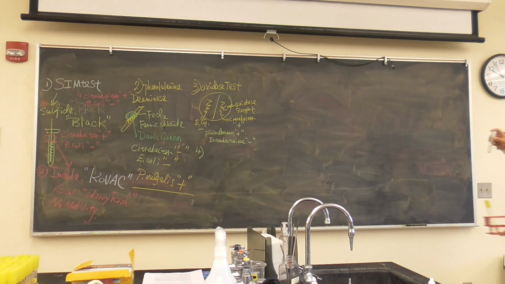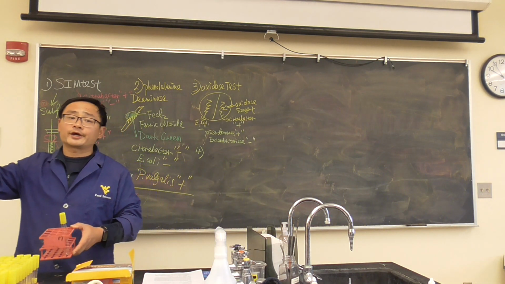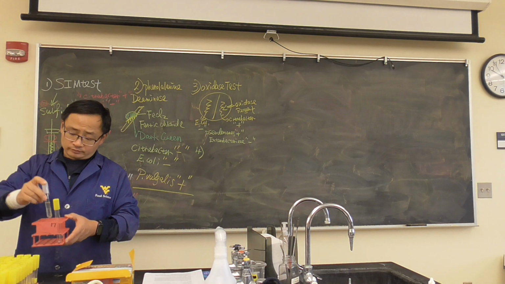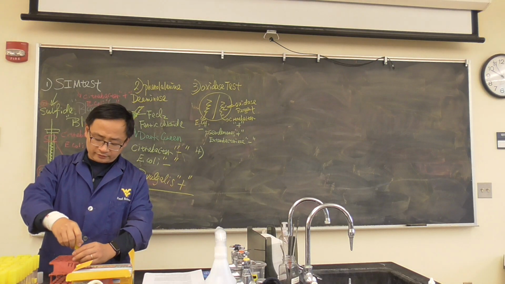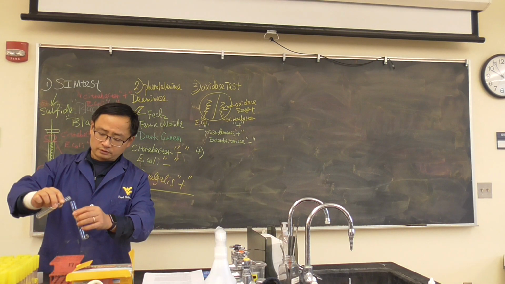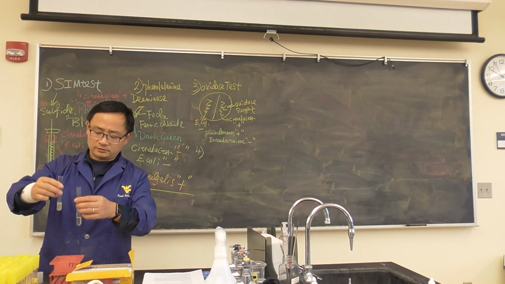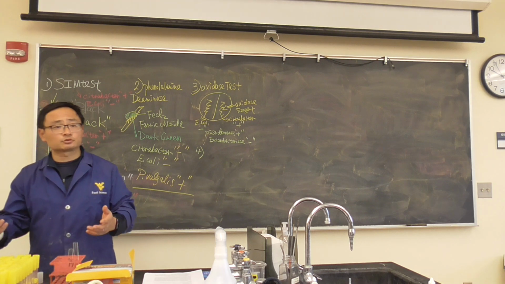So let's say this is a tube. We are doing for methyl red and Voges-Proskauer test. What we do is we dump them into half. Okay, we dump them into half. Like this. And then one tube to do the methyl red test.